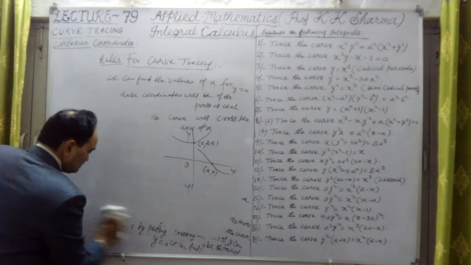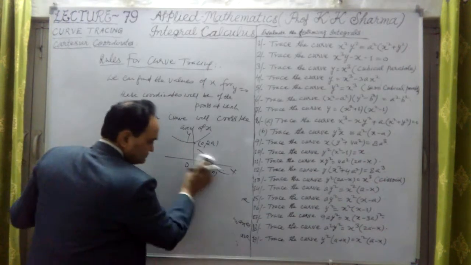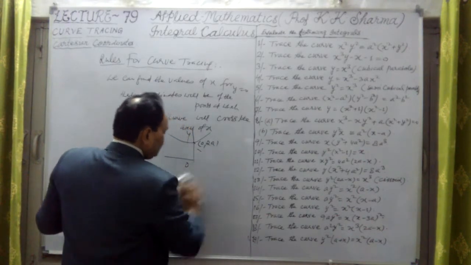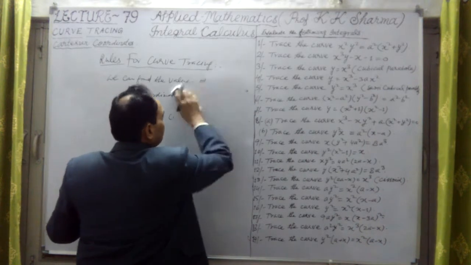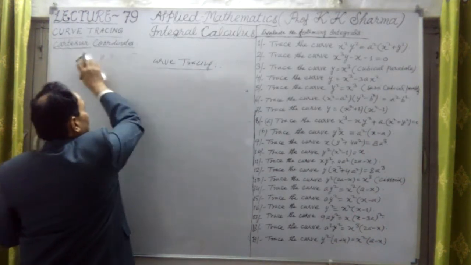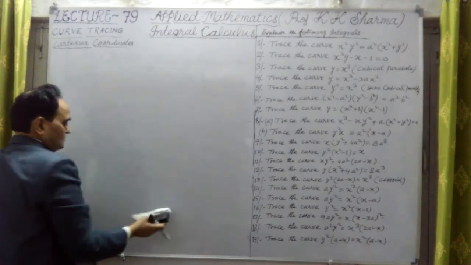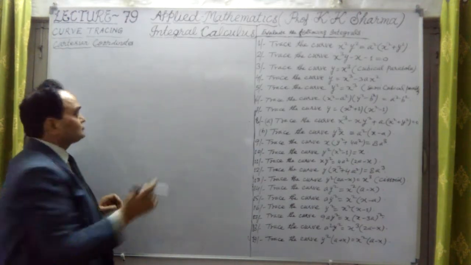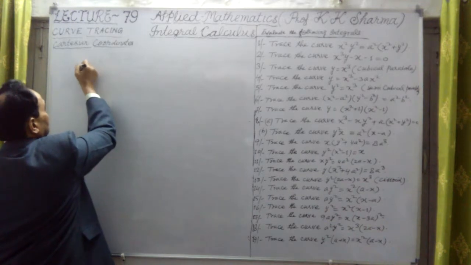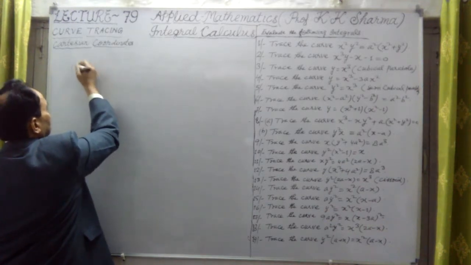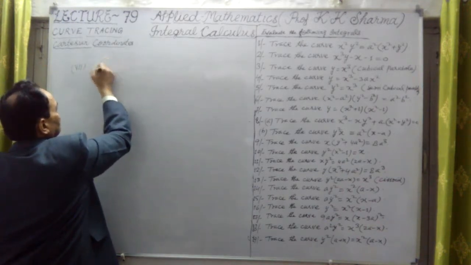Now asymptotes, let me talk about what the asymptotes are. We find some asymptotes parallel to the axis of x and axis of y. So those asymptotes are also required. Then the last point, let me take, this is the 7th or 8th point, no problem. Asymptotes.